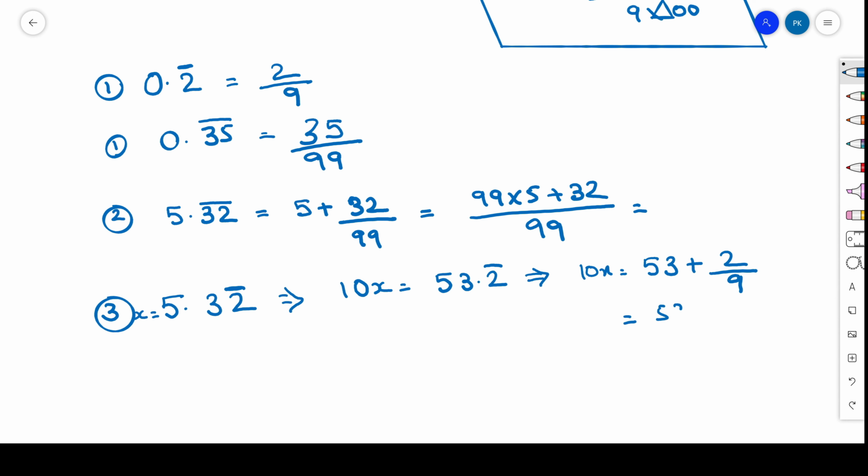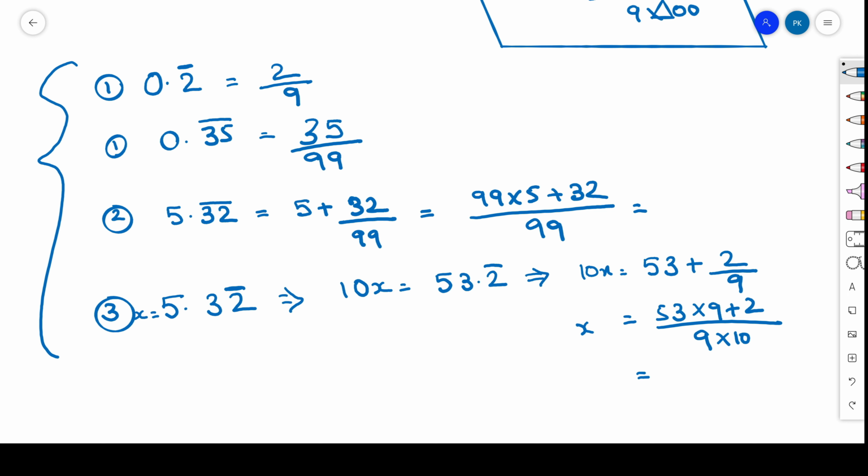You can simply run it just like the second case, plus 2 by 9, and the 10 part will come down, and when you solve it, you will get the answer. These are the three things which you have understood, and with this we complete our portion where we have to understand how to convert a decimal number into a rational number.